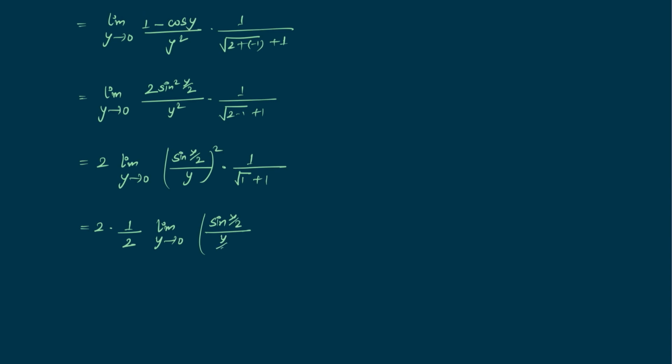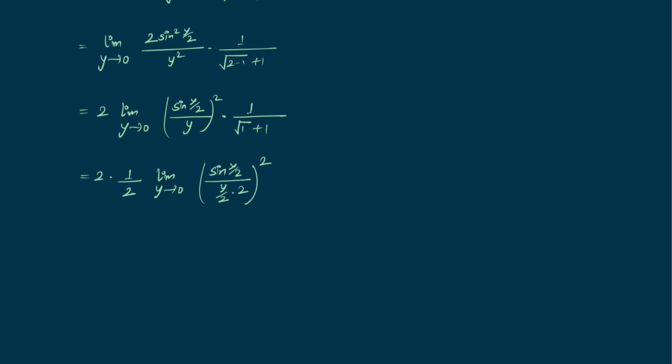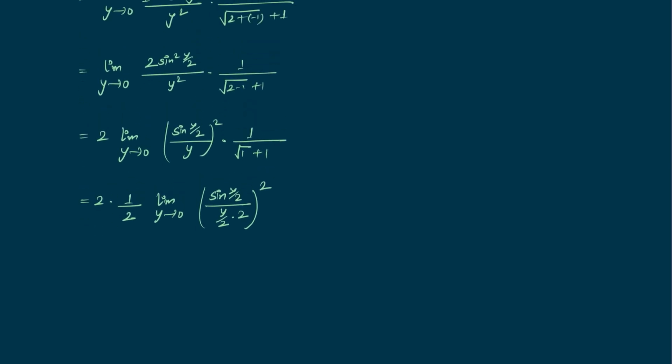And limit y tends to 0 of sin(y/2); let me write y/2 in the denominator in order to match with the angle up here, so it will be (y/2)². Since the 2 and 2 are cancelled, it will be 1 only in front. But as you notice, there is a 2 squared, so this will become 4.